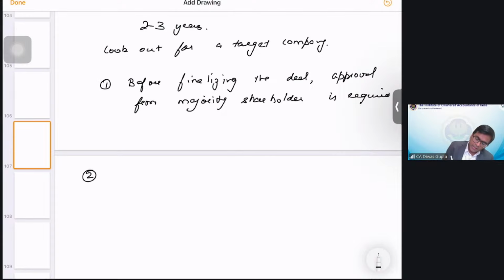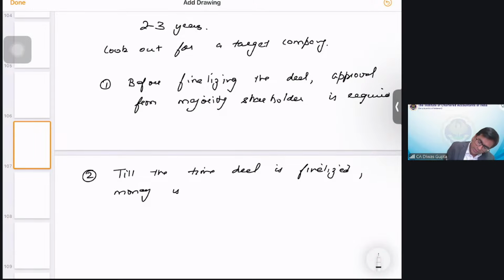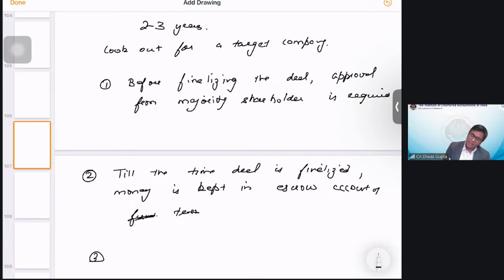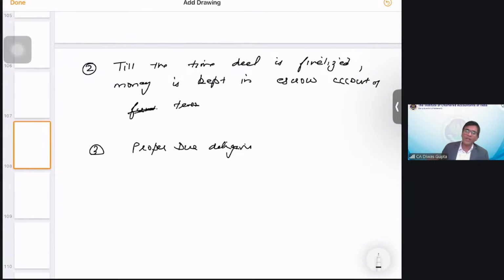Second, till the time the deal is finalized, money is kept in an escrow account or trust. Then there is a proper due diligence that happens before we acquire the target company.